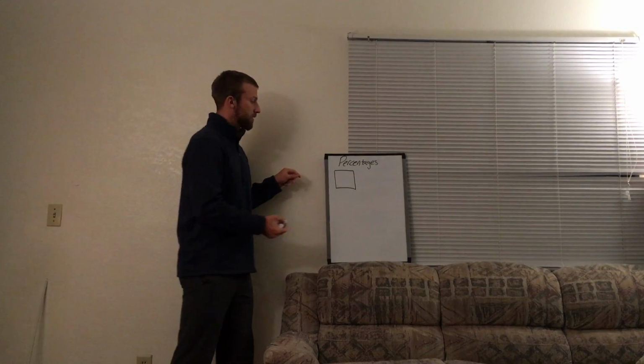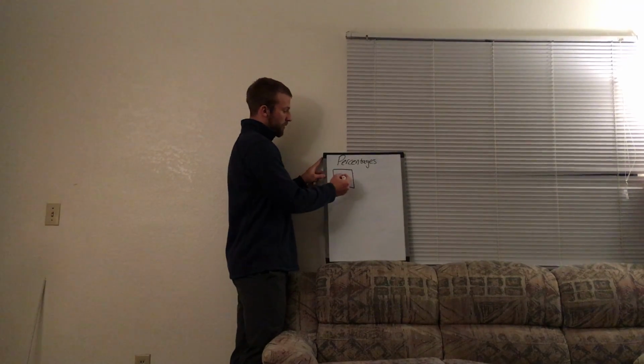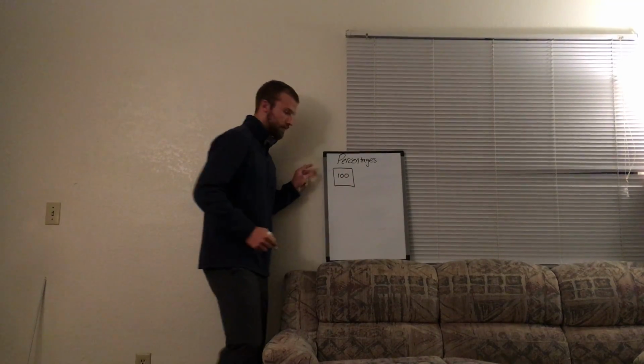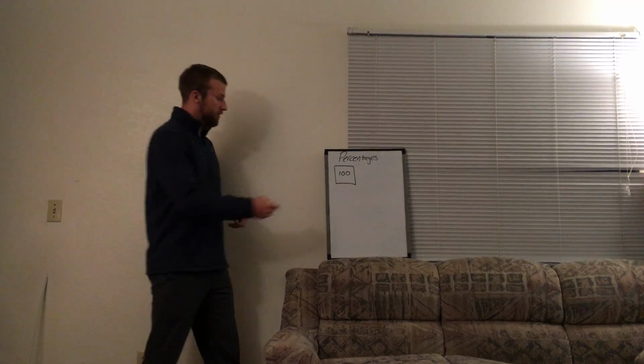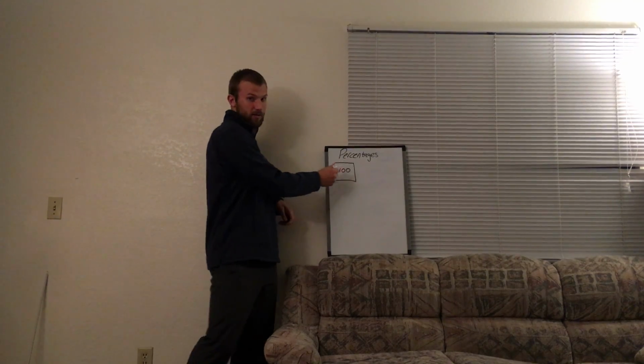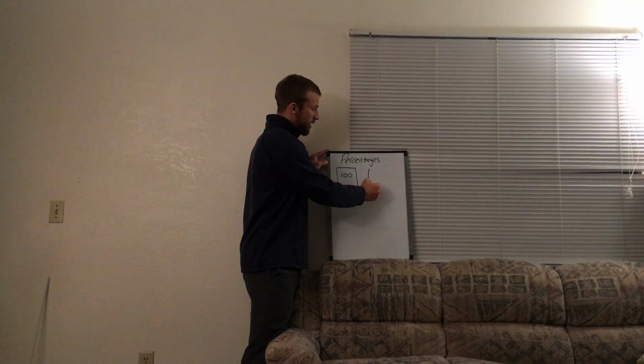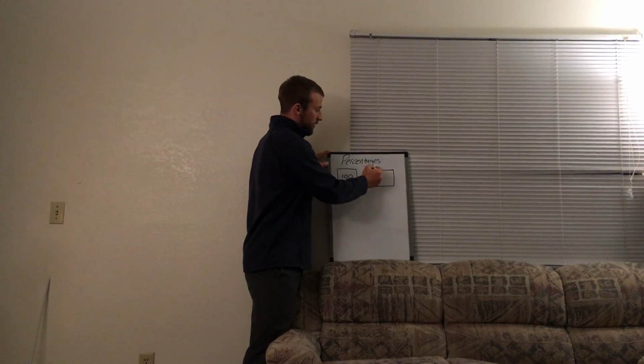This square is going to be 100 square units. So that means there's 100 little squares within this big square. So now what we want to do is break that same square into 4 equal parts.